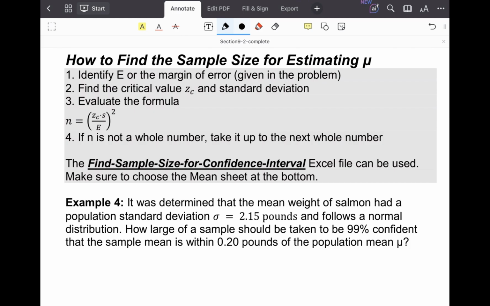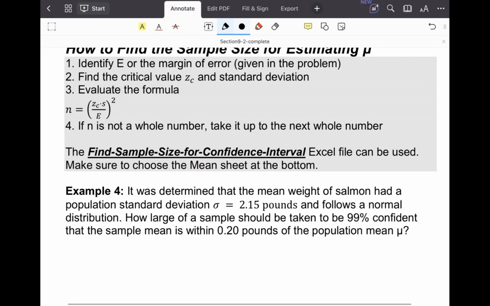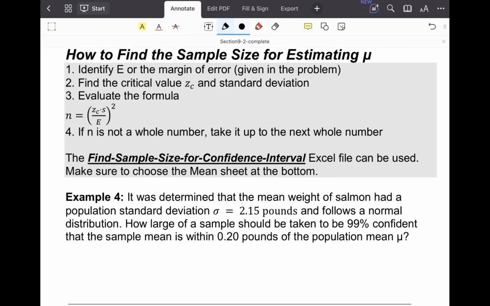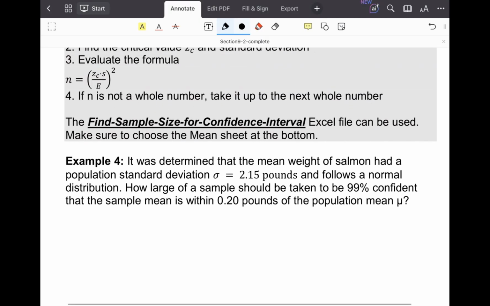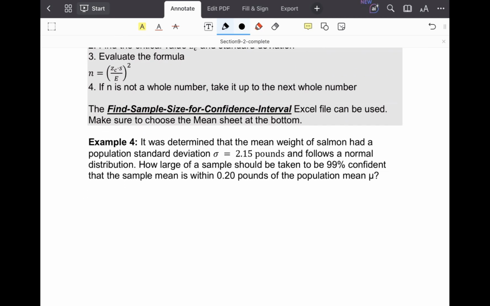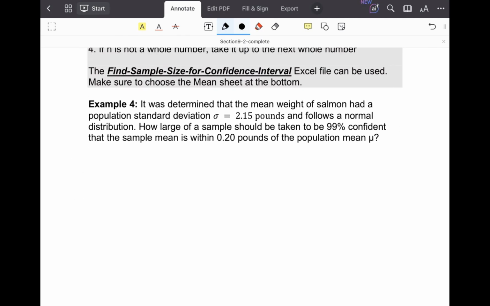So it just wouldn't work without recursion, honestly. So we just end up using the z critical value, but it's a formula that you calculate, and it kind of gives you an estimate of what type of sample size that you would need.